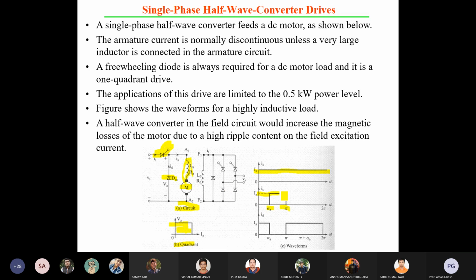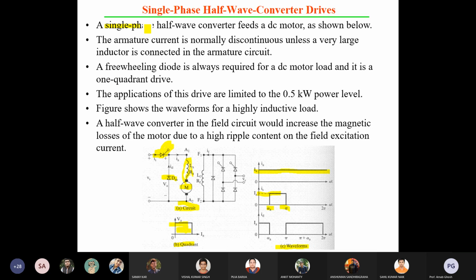The armature current flows when it is working. When the SCR is off, there will be no armature current, and for the rest of the portion the armature current is there. By this way you can get that waveform.